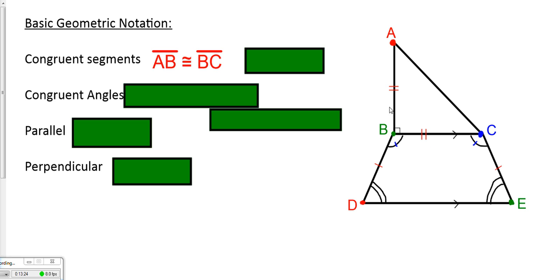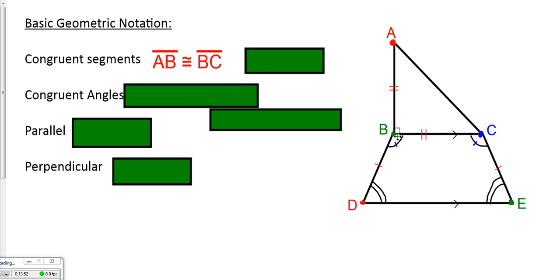That's to tell you that in this picture, A to B is the same length as B to C. If this was 4 feet long, this would be 4 feet long. If this was 3 inches long, this would be 3 inches long. They have to be. Now we don't use an equal sign. It looks like an equal sign with an extra little squiggle on top. That means congruent. So segment AB is congruent to segment BC right here.